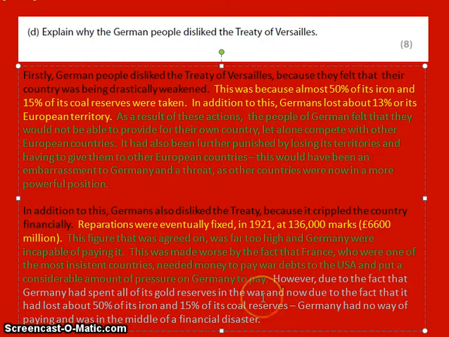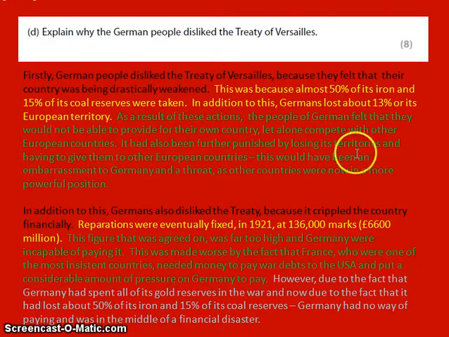So you can see here that I've linked the fact that they didn't have the resources to work their way out of the debt into this paragraph down here. Now, if you did something like that, hopefully it would get 8 out of 8 in the exam.